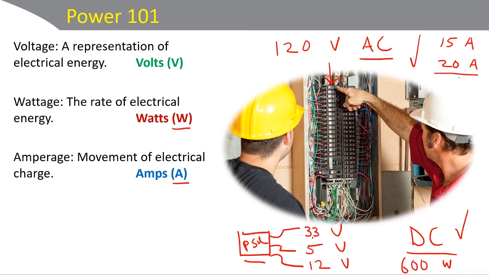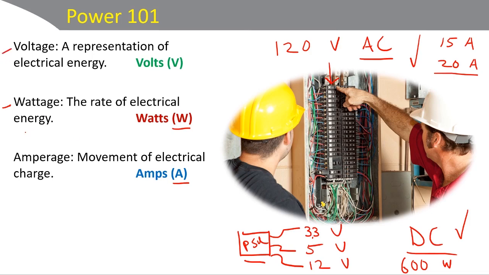So you may say, okay, on that particular circuit, let's say I have a 20 amp circuit in an office building. How many computers can I put onto that circuit? Well, you can figure that out by dividing watts by volts.